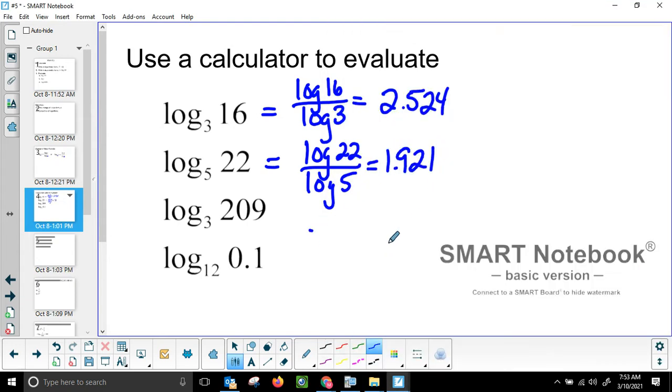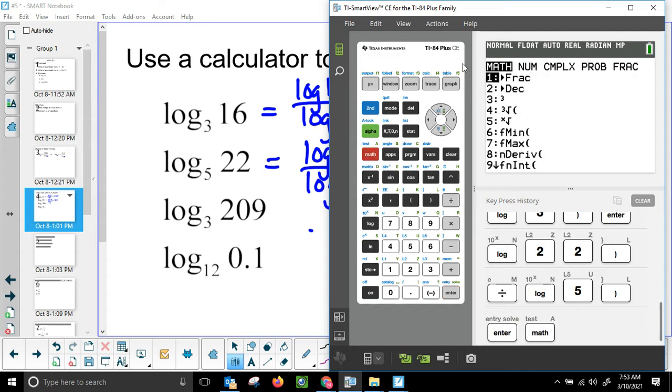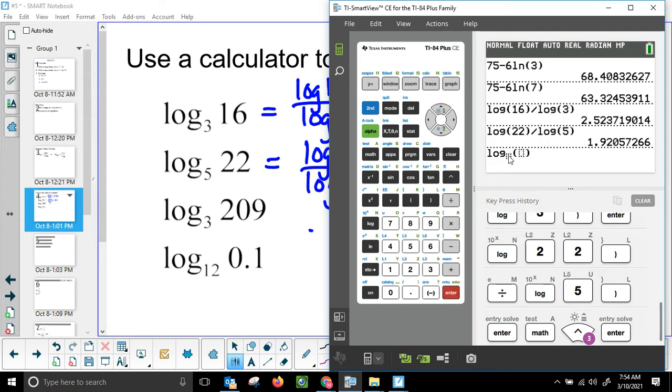However, back in the day before calculators got super fancy, this is kind of how you had to do this. But now there's actually another way. You can hit math, and you can just hit up a few times until you see this log base command. Then it allows you to input your base and your argument.